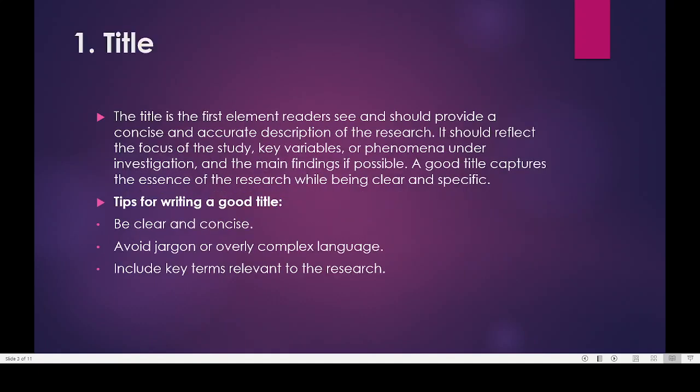Now in a scientific paper it starts with the title. Title is the first element readers see and should provide a concise and accurate description of the research. For example, a study on the birds of Kumarakom Bird Sanctuary. So that is a title.